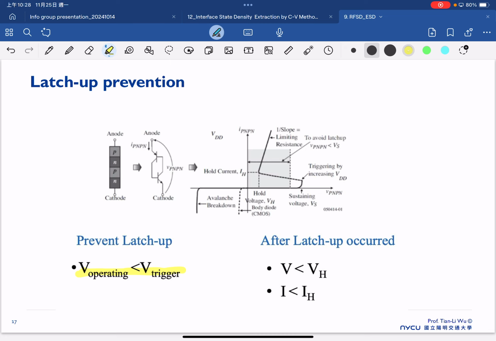If it is larger than the trigger voltage, which is here, then for sure we will have the risk that the device goes into the latchup region. And if latchup is already happening, then we need to make sure our voltage is smaller than the holding voltage and the current is smaller than the holding current. That can prevent the latchup event.